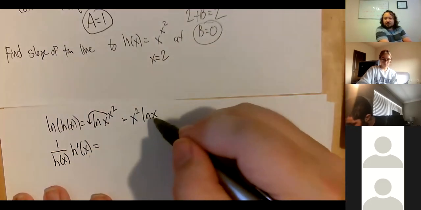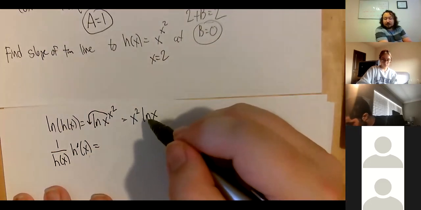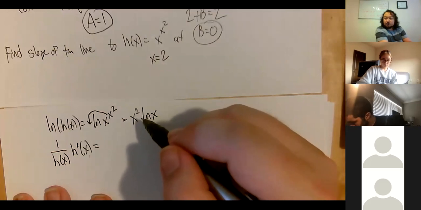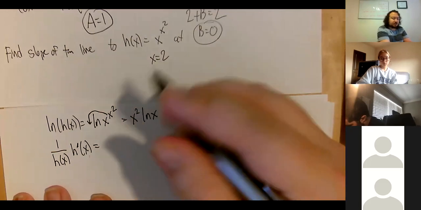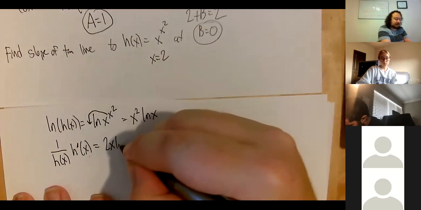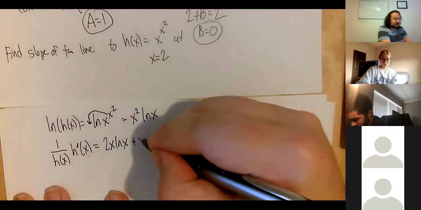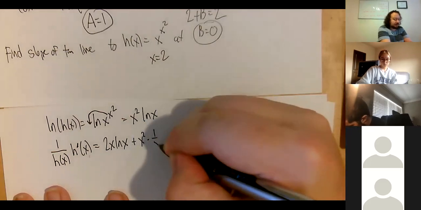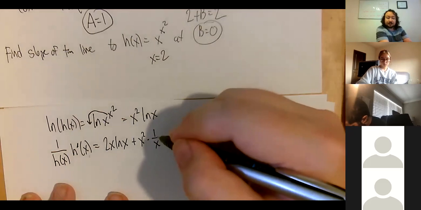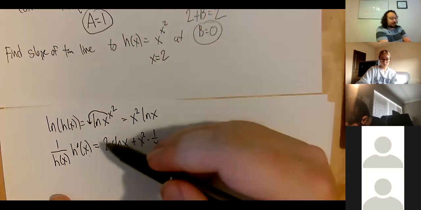Then I'm going to do the derivative of this part right here, and that will require me to use the product rule. So I do the derivative of x squared, which will be 2x, leave the natural log alone. And then I leave the x squared alone and do the derivative of ln of x, which is 1 over x.